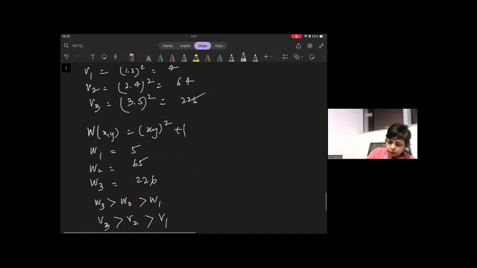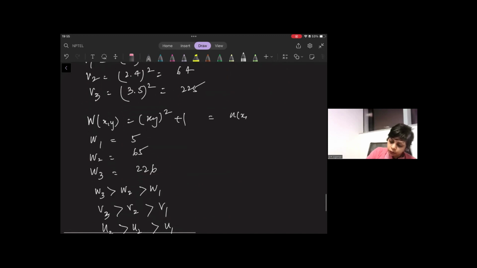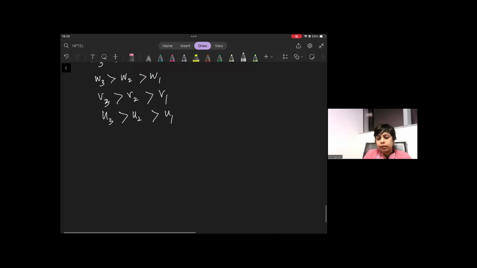You can write this as u whole square plus 1, isn't it? And instead of this 1, whether it is 1 or 5 or 10, it doesn't make any difference as long as it is some sort of a constant. So that is exactly your question.